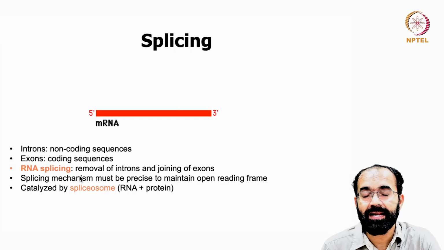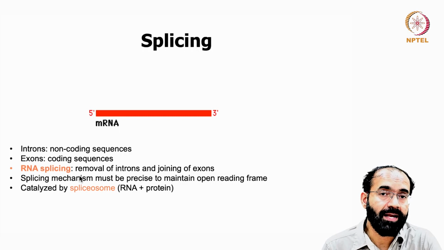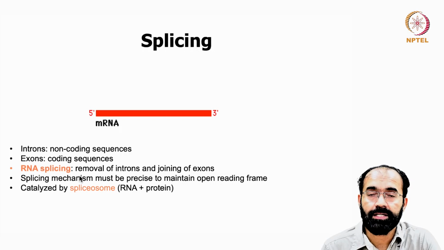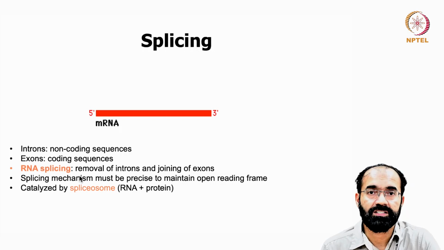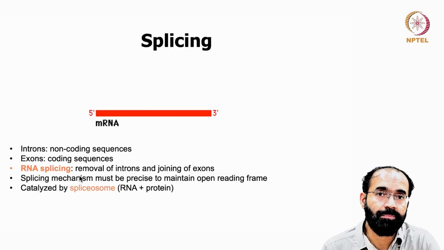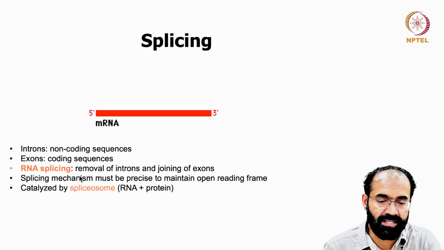Even a one base error is not possible, and the reason, you know, is that the coding sequence is in triplet codons. If a triplet becomes a quadruplet or a triplet becomes a duplet, then you have a frame shift mutation. So the precision has to be at the level of a single base. You cannot have one base extra, you cannot have one base less. It has to be so precise.